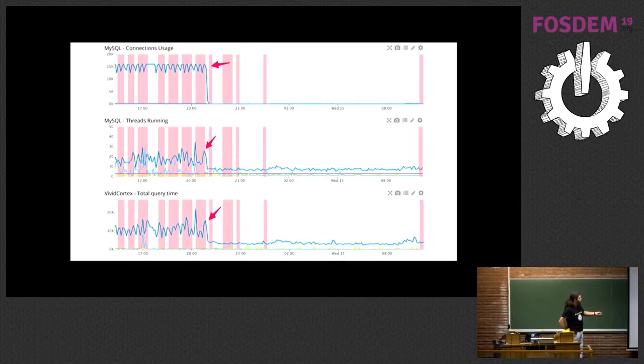When they switched to ProxySQL, the number of threads running was around 8, less than 10 for sure. And again, they got a huge performance improvement in the total query execution time, which went from an average of 10,000 up to 20,000 down to, I think, less than 4, something like this. So a huge performance improvement.